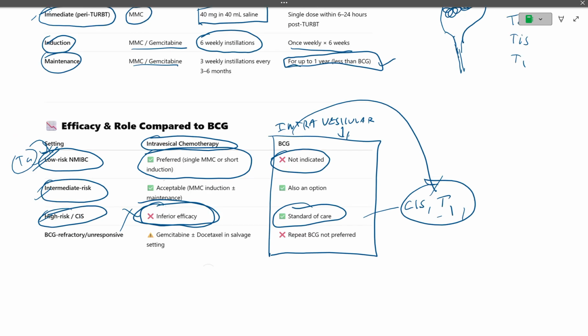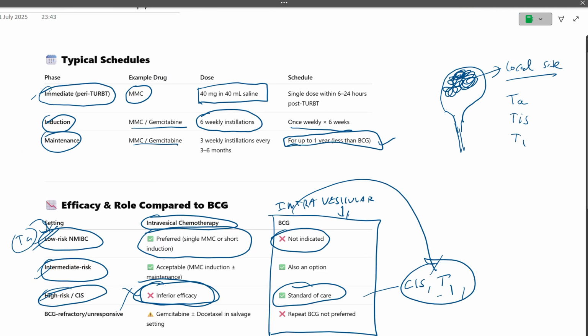Now, what is the chemo you will give? You will give MMC, mitomycin C, 40 milligrams in 40 ml saline. You will give a single dose within 6 to 24 hours post TURBT, and after that you will give it once weekly for 6 weeks.